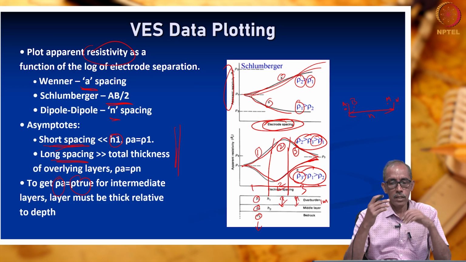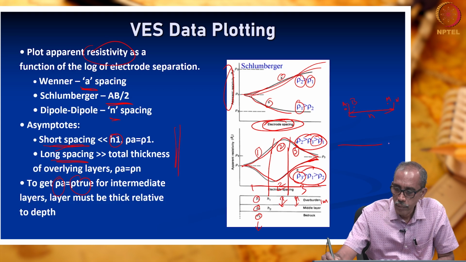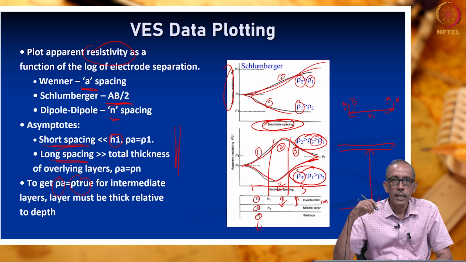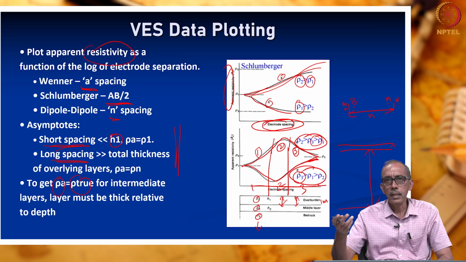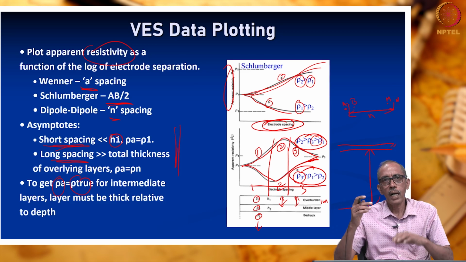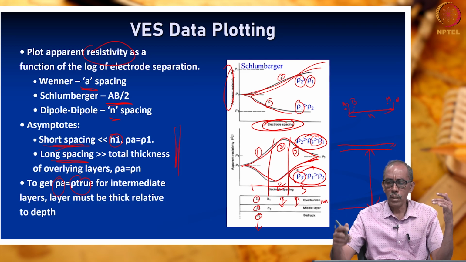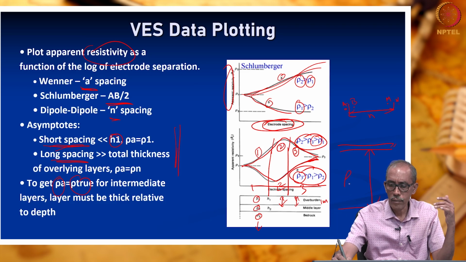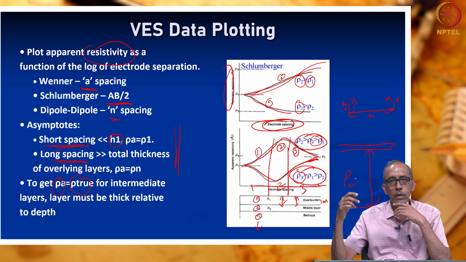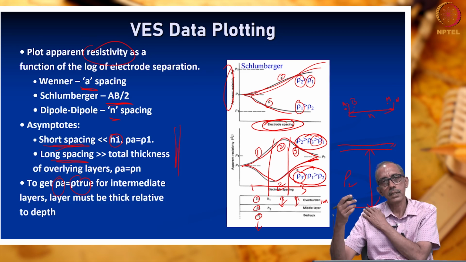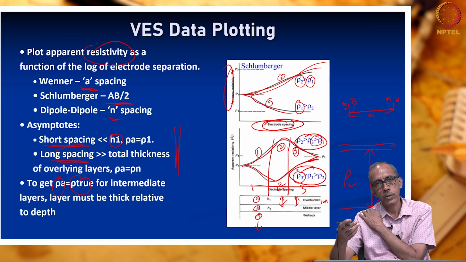For example, this is the ground surface, the first layer is very thin, and the intermediate layer is very thick. Then the apparent resistivity value we get for longer electrode separations will be almost equivalent to the true resistivity of the second layer. Our rho A value will be equivalent to the true resistivity of layer 2.